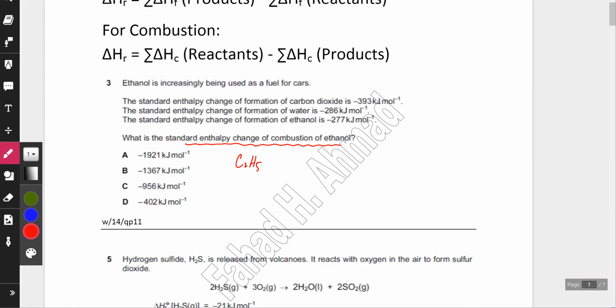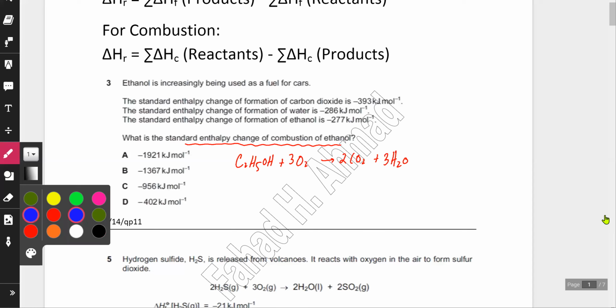It's C2H5OH. But what's the equation for combustion? It's basically reacting it with oxygen to produce carbon dioxide and H2O. So this is two carbons and this is three water molecules, and you can balance out the oxygens. This is going to be 3O2, right? So this is the combustion of ethanol.